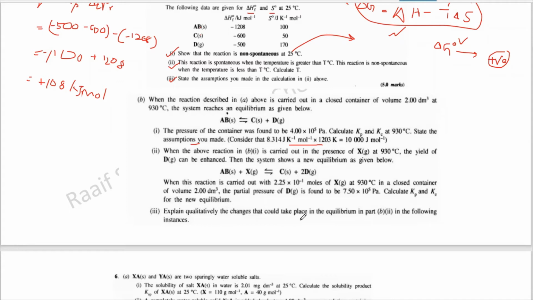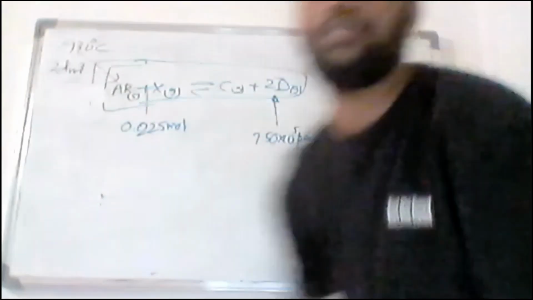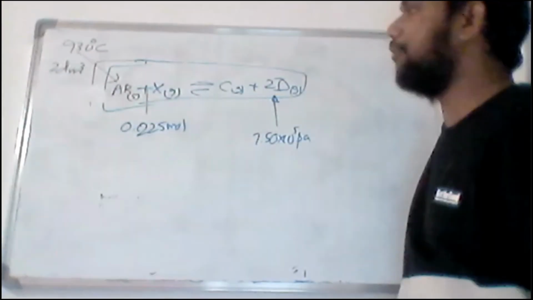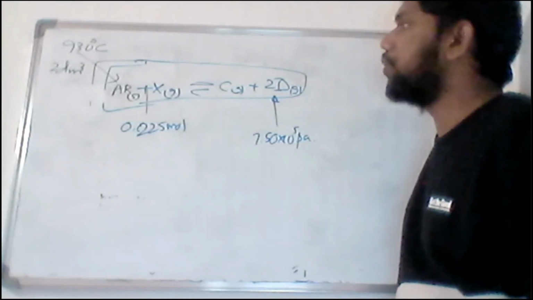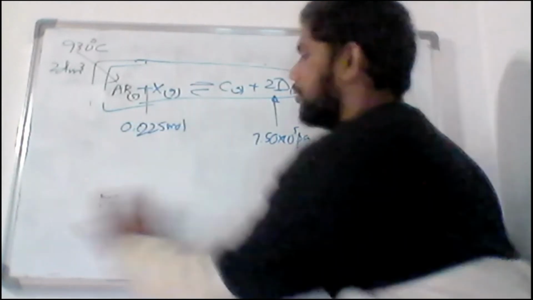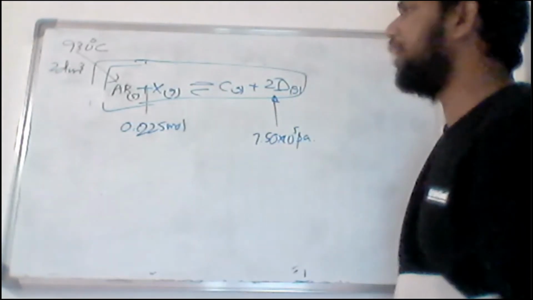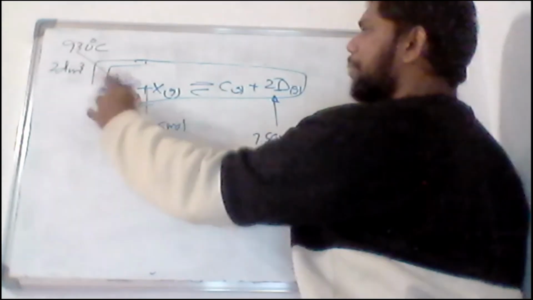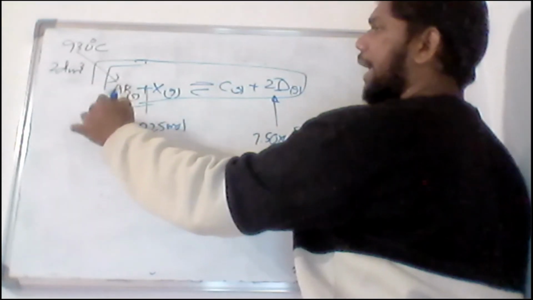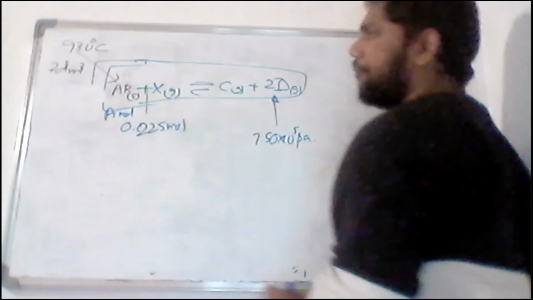Explain qualitatively the changes that could take place in the equilibrium in part 2b in the following instances. So there's another one. So we will first go with this one. So we have to find Kp and Kc for this new equilibrium. Think about that. So let's think about it like this. So initially, there could be, let's say, A moles of AB.